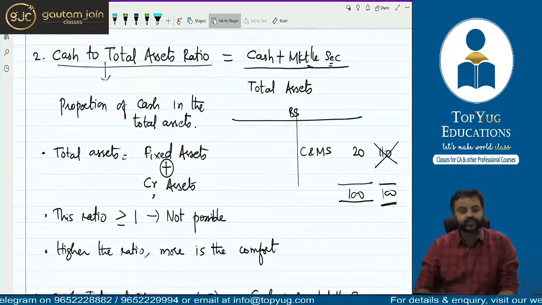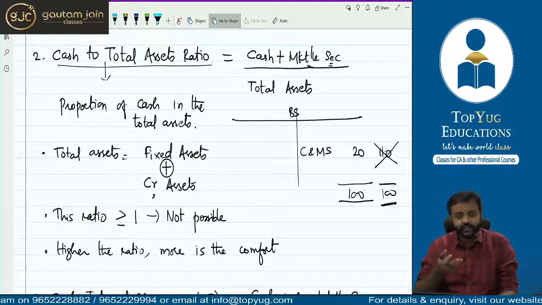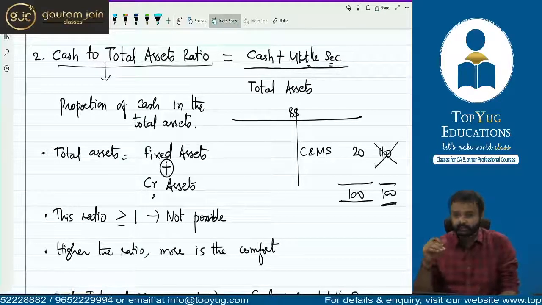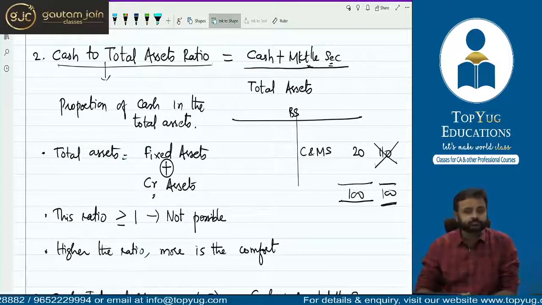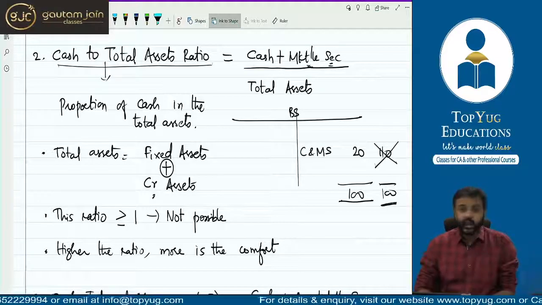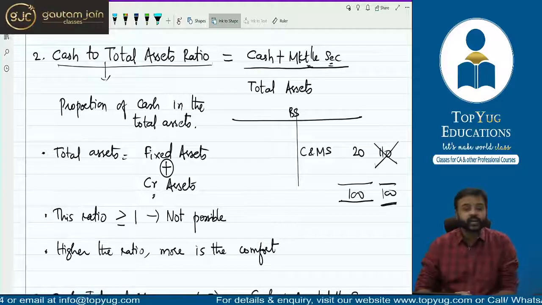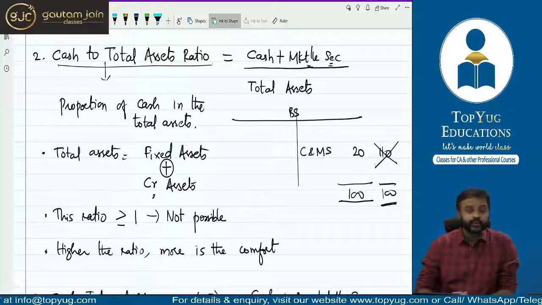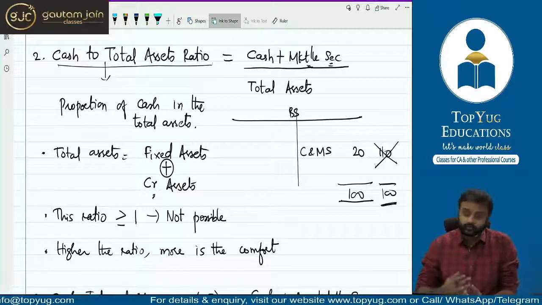Then cash to total assets ratio, as the name suggests, means the proportion of cash in the total assets, and the more the proportion of cash, that means what? More is the comfort, right? Cash rich companies, cash cows as we say in share market language, like Infosys, TCS and all come under this category, where they have adequate or more amount of cash.